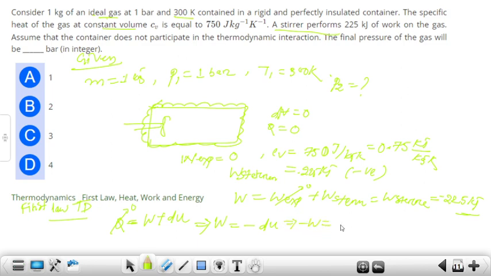W given as minus 225, so 225 is equal to dU, which is equal to m Cv into T2 minus T1. So given mass is 1 kg, Cv is 0.75, T2 we have to find, and T1 is 300.